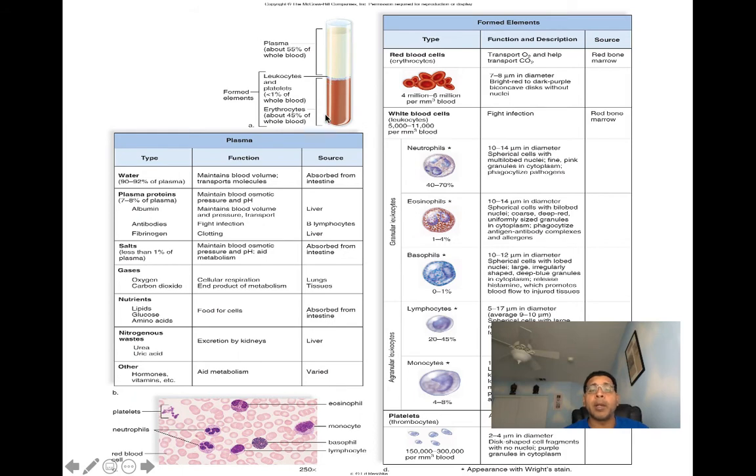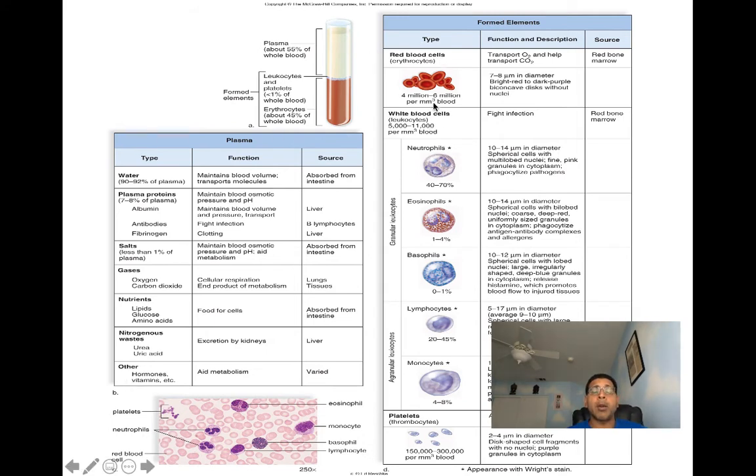Underneath that we can appreciate our red blood cells, or erythrocytes, and you can see they make up about 45% of our whole blood volume. When we talk plasma, it's mostly water, proteins, salts, gases, nutrients, waste products, and other components that are going to be found inside of there.